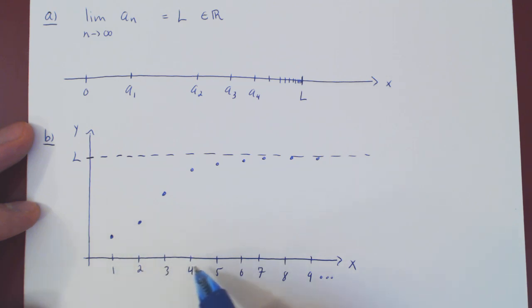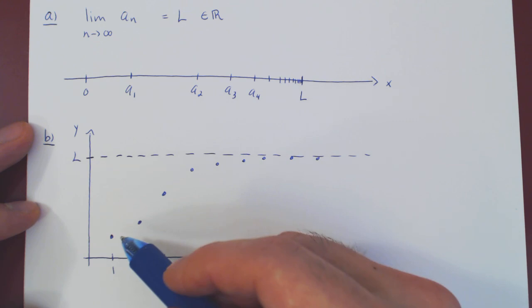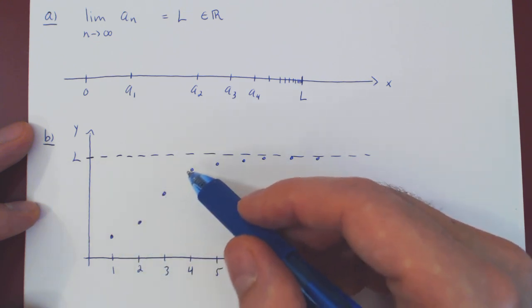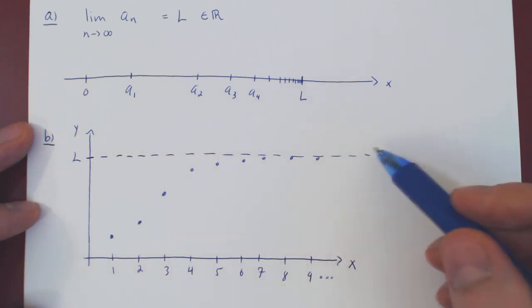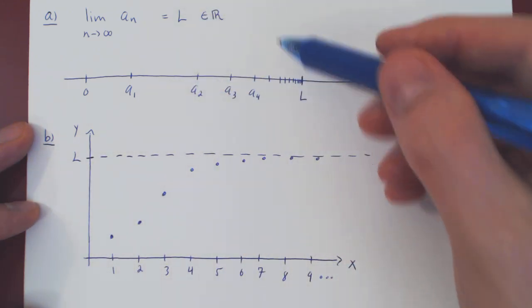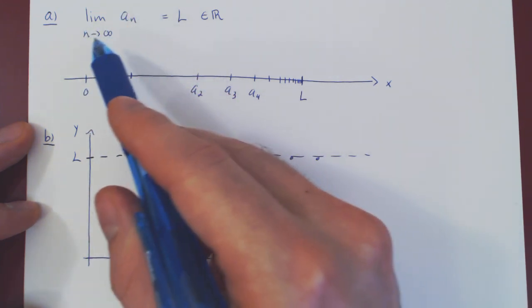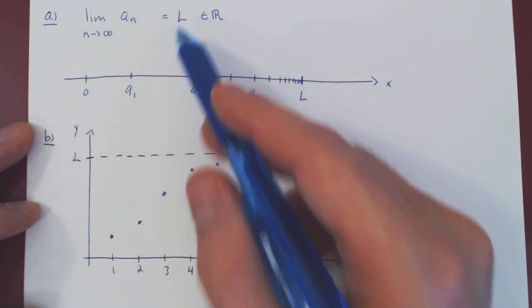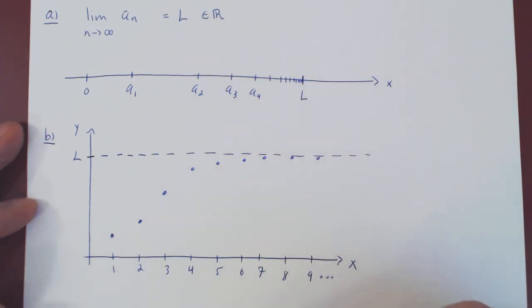As we look further down our sequence, the values of our sequence along the y-axis are getting closer and closer to the real number L. So two ways to visualize the same statement that the limit of a_n as n goes to infinity is equal to L. And you can always choose the one that you're more comfortable with.